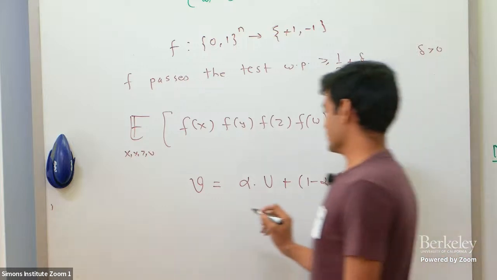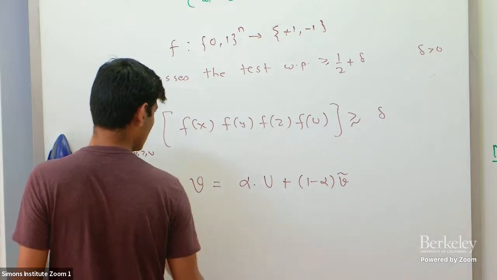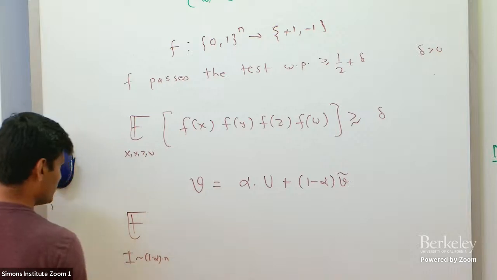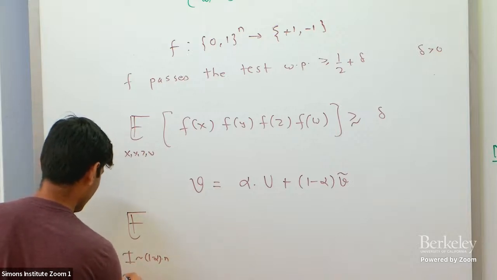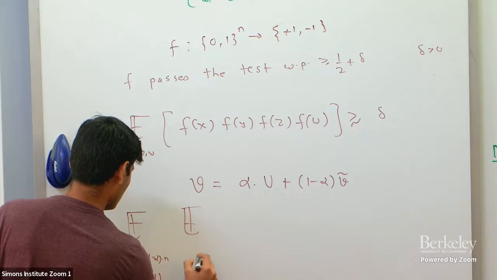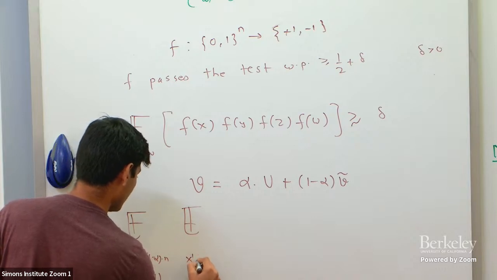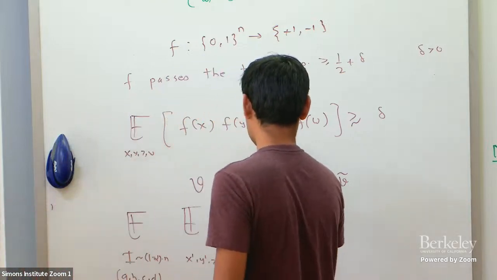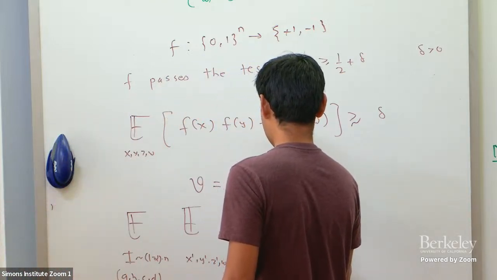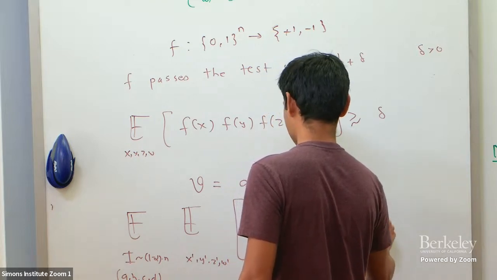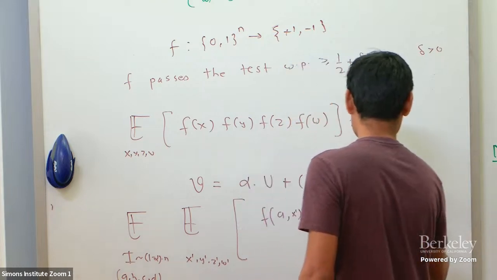So I can write this as the expectation over I, of size 1 minus alpha times n, then I have a, b, c, d, these are the restrictions, and then I have another x prime, y prime, z prime, w prime, of f of a x, f of b y prime, f of c z prime, f of d w prime.